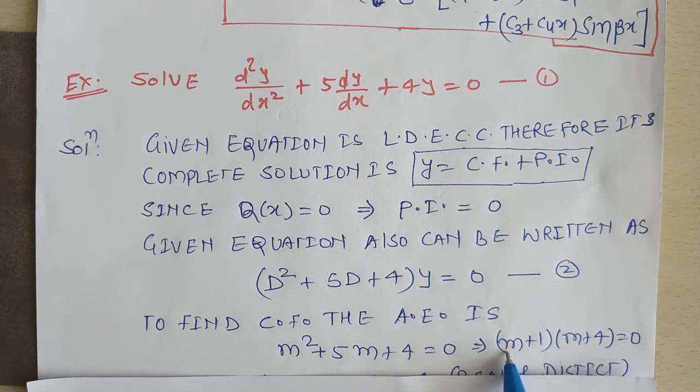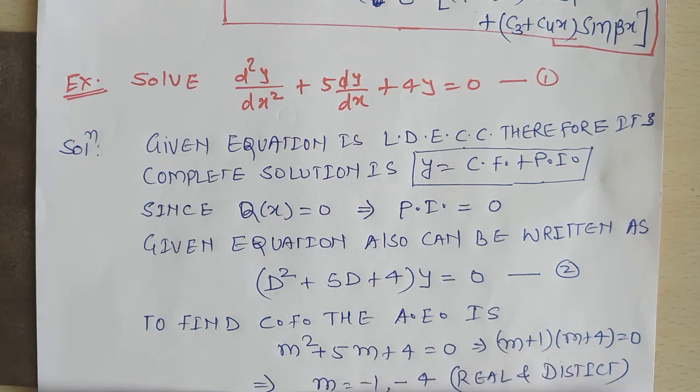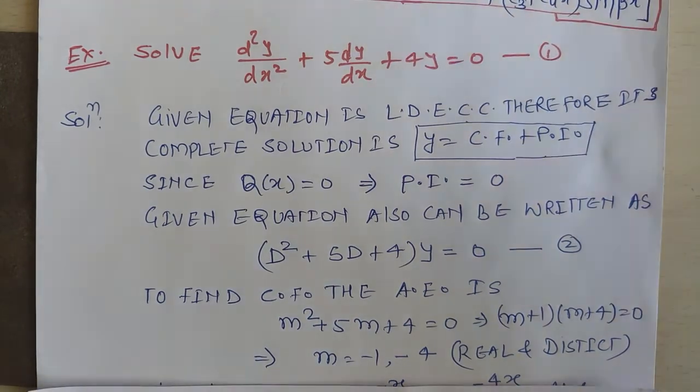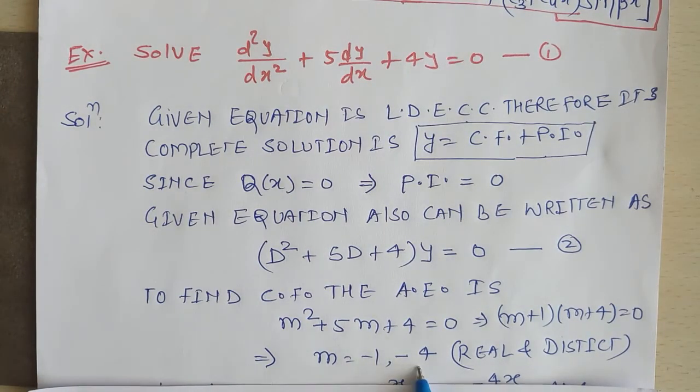Then we get the values of m: from here m is minus 1, and from here m is minus 4. So the roots of the auxiliary equation are minus 1 and minus 4. Both roots are real and different, so the roots are real and distinct.